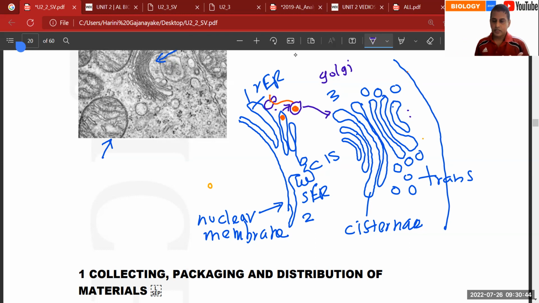Number two, the protein, called a polypeptide chain, is not the final version of protein. It's just a chain of amino acids moving to the RER. Then RER packs this polypeptide chain into the vesicle and it's sent to the Golgi.